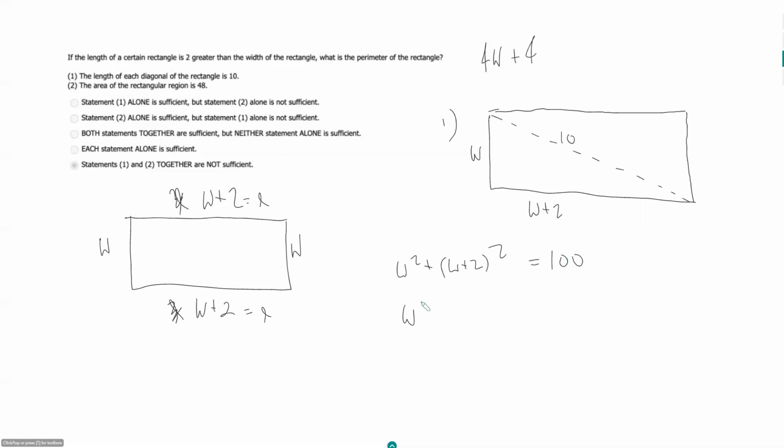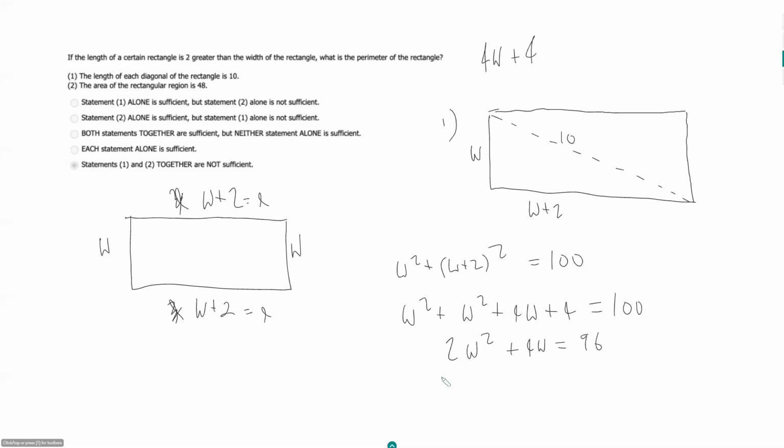This gives us W squared plus W squared plus 4W plus 4 is equal to 100. And then we get 2W squared plus 4W is equal to 96.